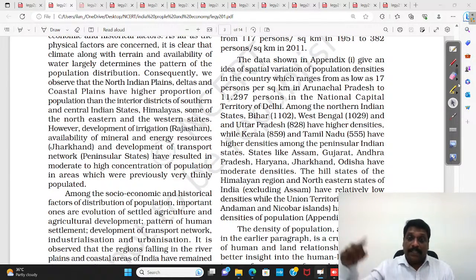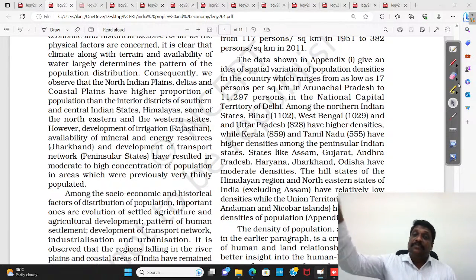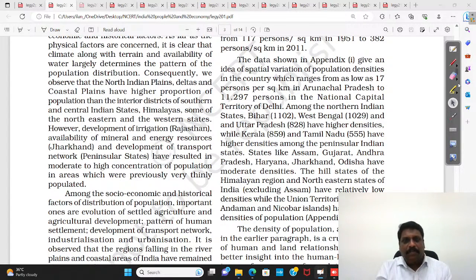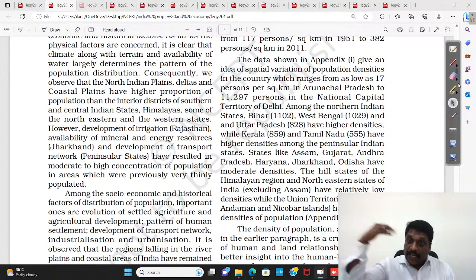On the other side, when I have a region which is more hilly in nature, obviously the density of population will be less. If I have a rainforest region, the density of population will be less. If I have a desert, the density of population will be less. That is the reason the density of population is less in the Andaman and Nicobar Islands and in Arunachal Pradesh.